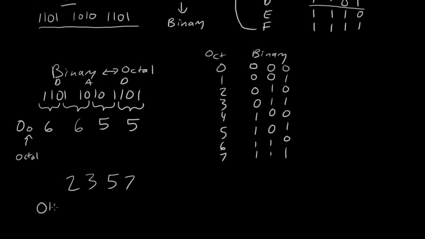So this is 0, 1, 0, which is this guy over there. 3, that's going to be 0, 1, 1, and then 5 is 101, and then 7 is going to be 1, 1, 1. So that was binary to octal. Sorry, that wasn't binary. That was octal to binary.